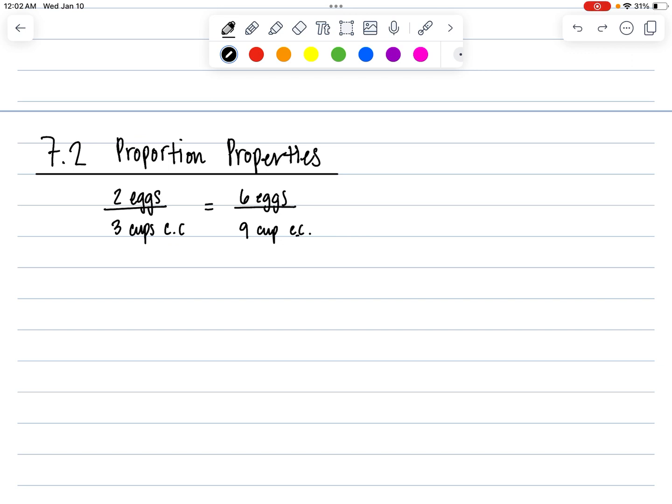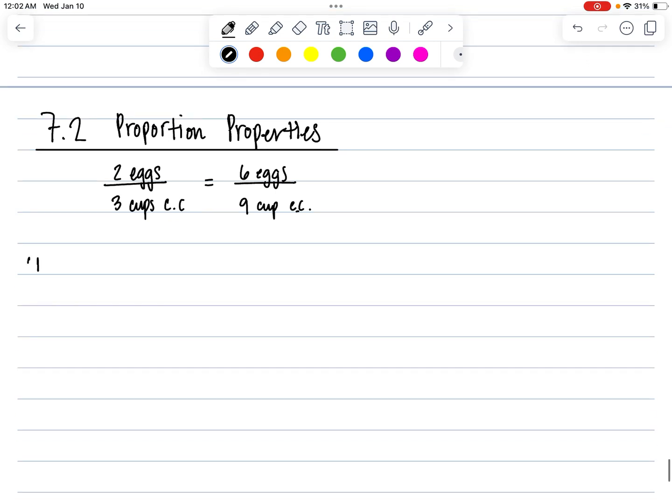We could rewrite this as a different proportion, and it would still be equivalent. Meaning, this is going to be our first property. We're going to create a table.